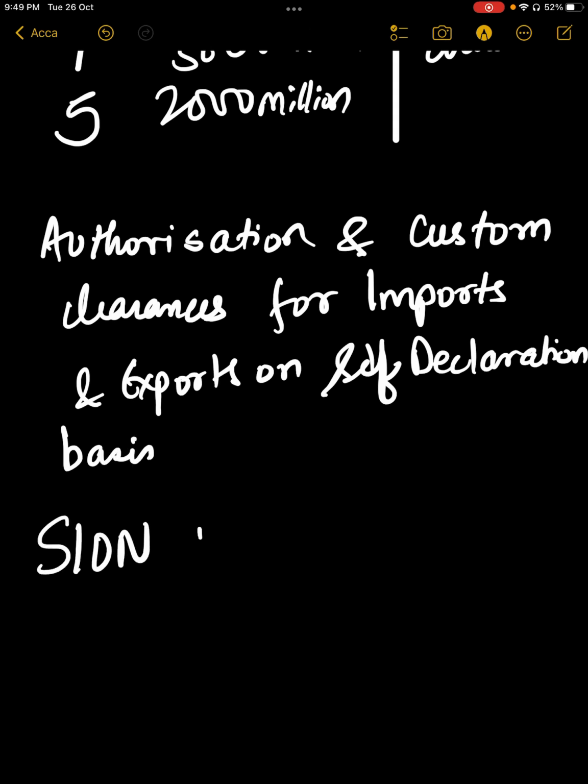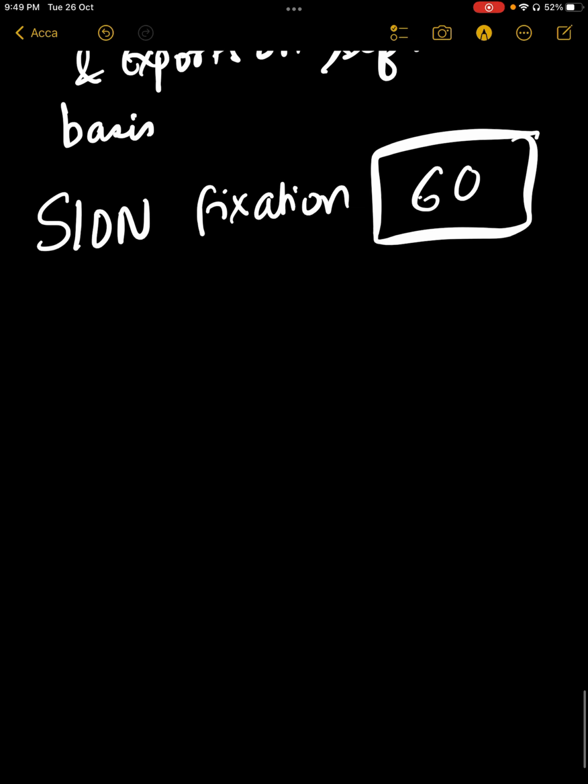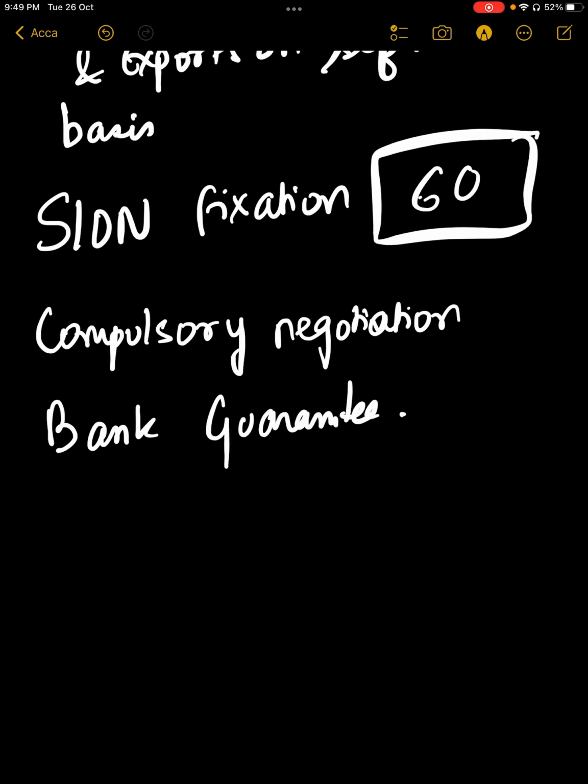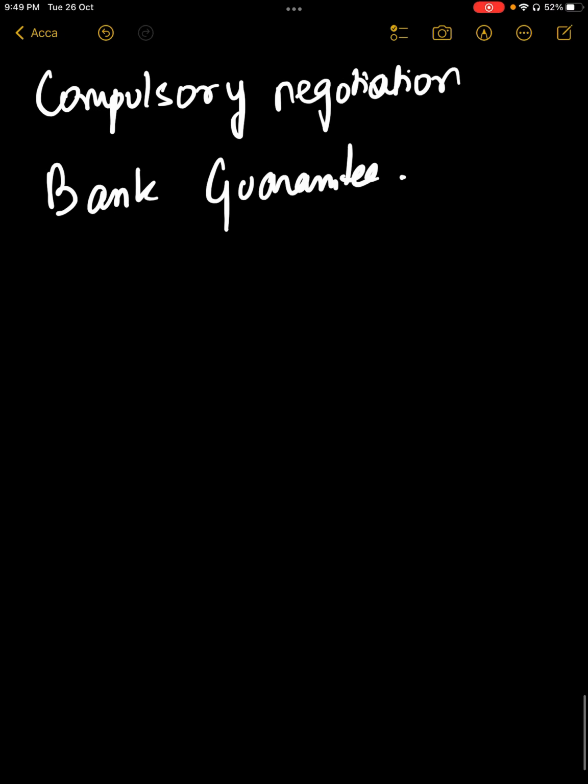SION fixation is considered as a priority and will be done within 60 days. Exemption from compulsory negotiation of documents through banks. Exemption from furnishing bank guarantee for schemes under foreign trade policy.